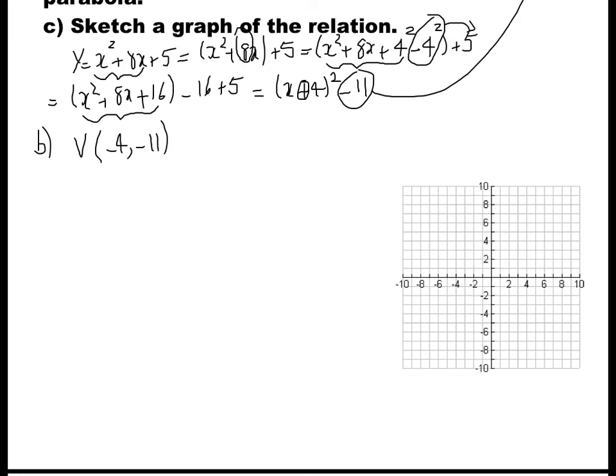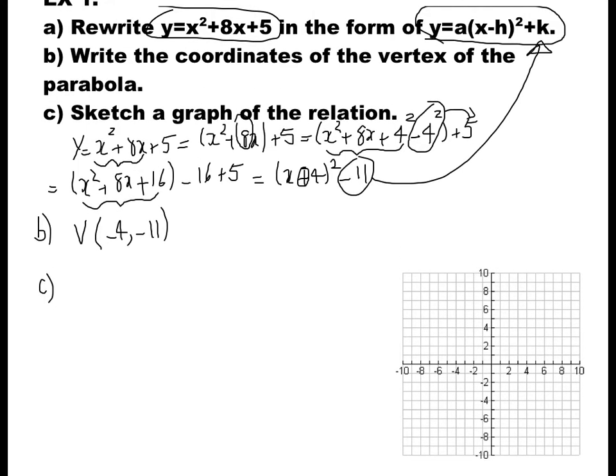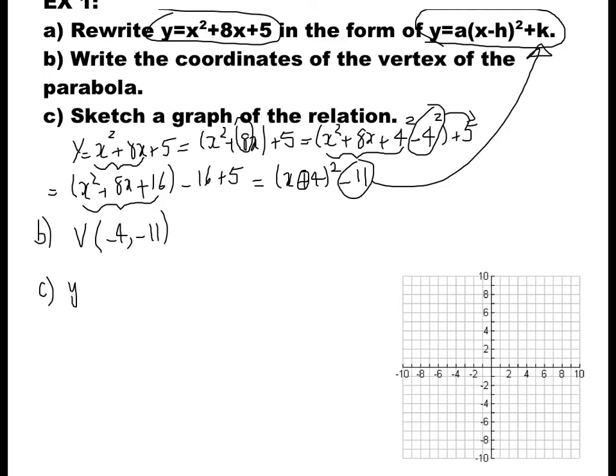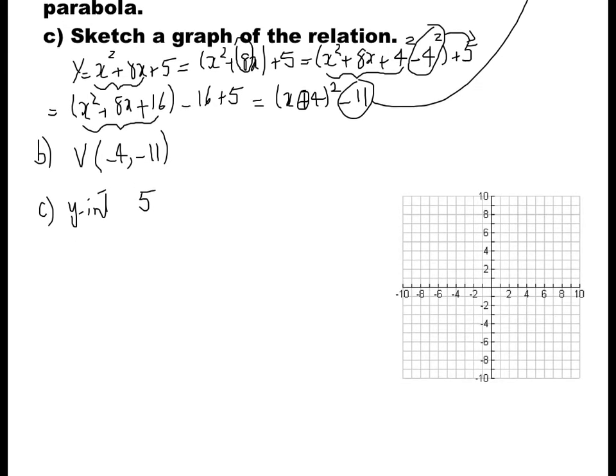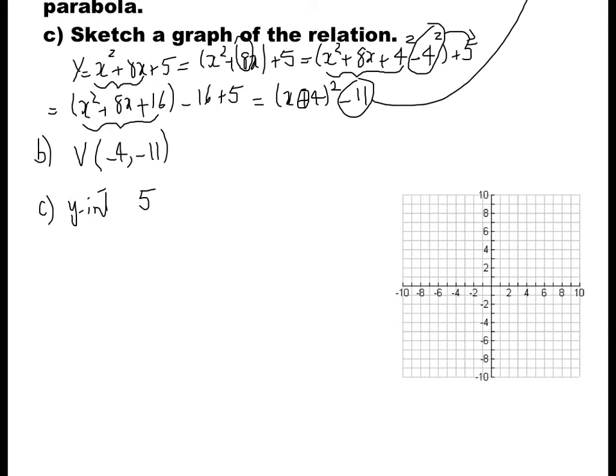Now I'm going to use this information to plot the graph. I'm going to find another point on the graph, which is the y-intercept, and the y-intercept is the constant here, which is equal to 5. So I know that the y-intercept is this point. Also I know the vertex is (negative 4, negative 11), which is going to be somewhere around here.